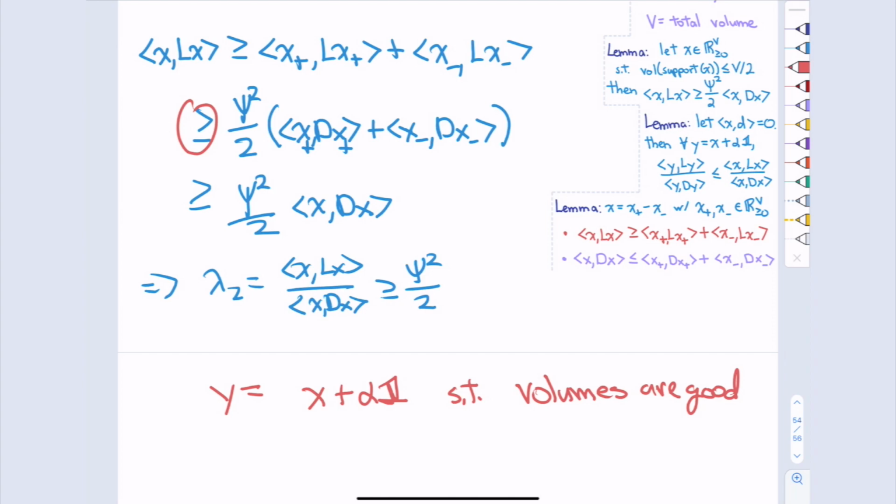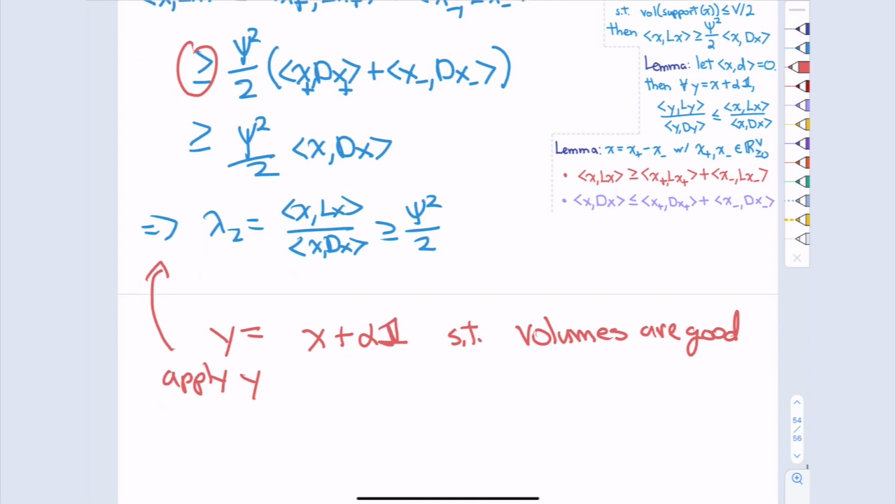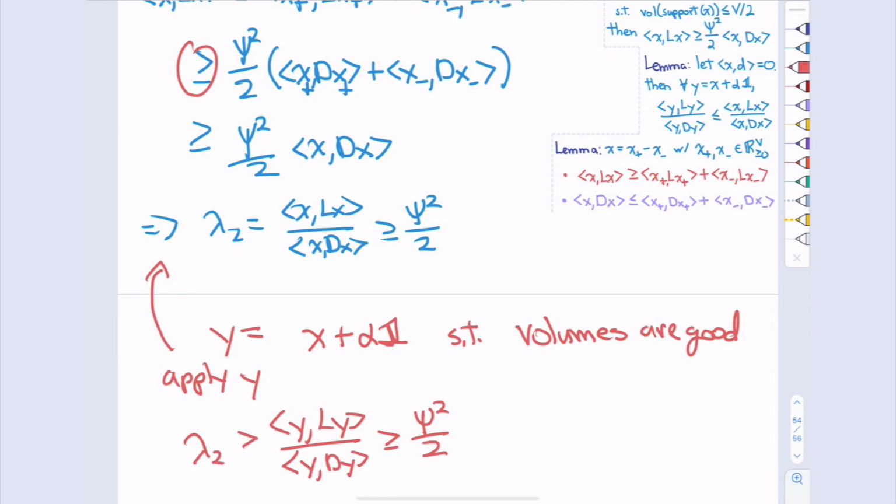Now you apply y to all of that, and you'll end up with y^T L y over y^T D y is at least the conductance, and we know that shifting is only going to decrease the ratio. Okay. All right, so that's roughly the proof of Cheeger's inequality.